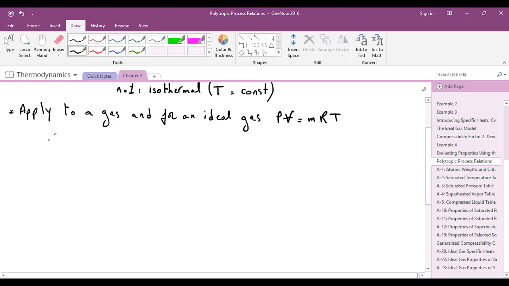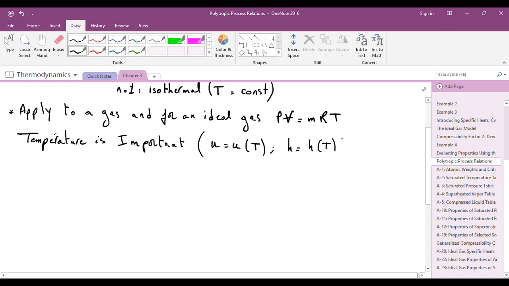So since temperature is really important in the calculation of an ideal gas, since we said that the internal energy for an ideal gas depends on the temperature only, and the enthalpy for an ideal gas also depends on the temperature.